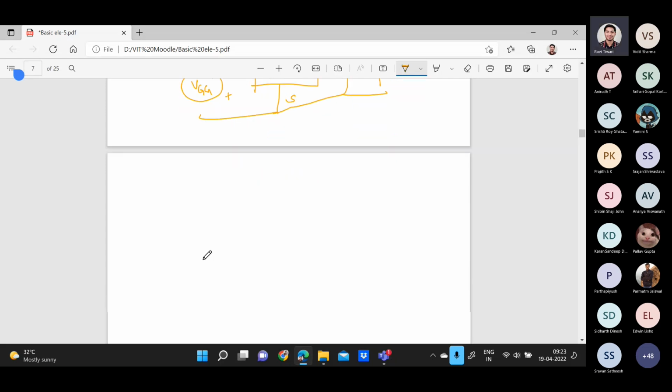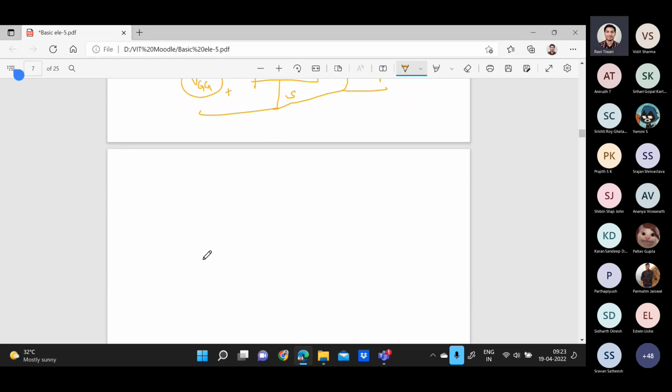So for this, we will do one thing. I am just explaining the characteristics of it. The characteristic is more important. So let's see the characteristic of this MOSFET. Here we have the drain and transfer characteristic. First, we will start with the drain characteristic.